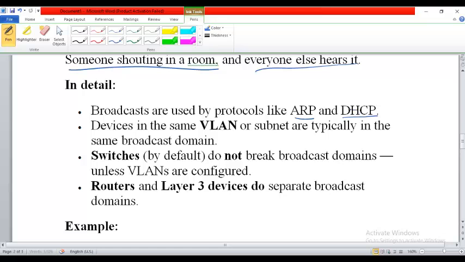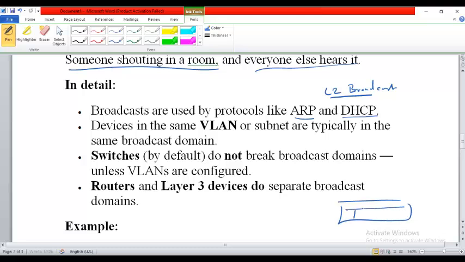So whoever receives this ARP traffic is in the same broadcast domain. By default, a switch will have one broadcast domain, in other words, one VLAN.